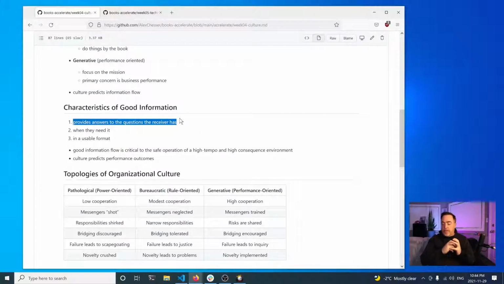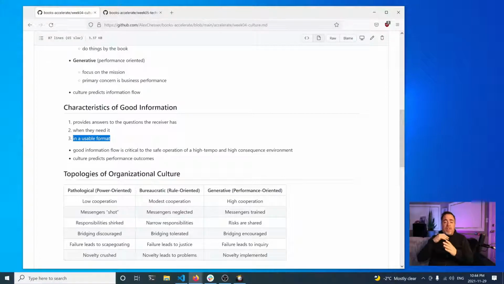What is good information? This is what we have in the generative organizations. Good information provides answers to the questions that you have when you need it, and in a format you can consume.